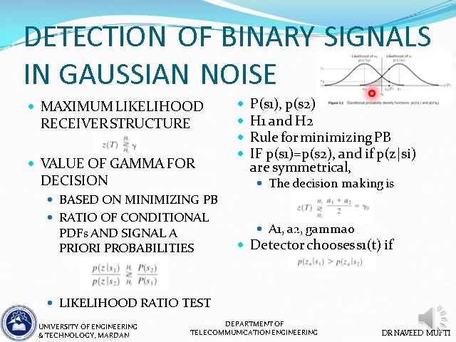So given the detector output ZA of t, we can see in the figure that it intersects the likelihood of S1 of t at this level called L1, and it intersects the likelihood of S2 of t at a value L2 here.